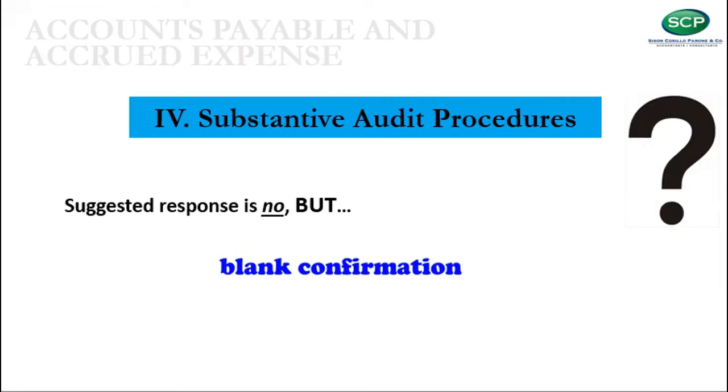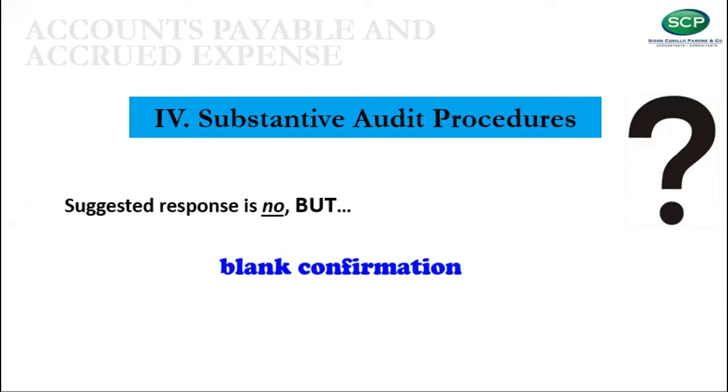This is because the likelihood that a vendor will intentionally indicate an understated amount due to them is very low. It should be noted that for receivables, the amount due from the customer is typically indicated on the confirmation request because if left blank, a dishonest customer may indicate an understated amount due from them as at the cut-off date.